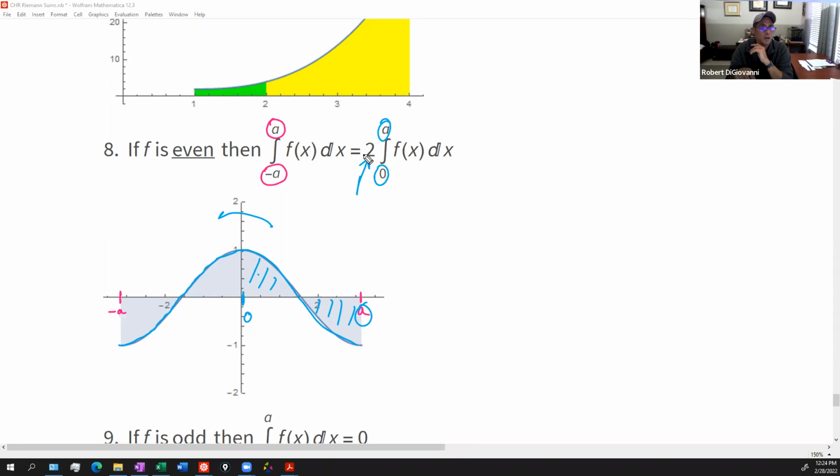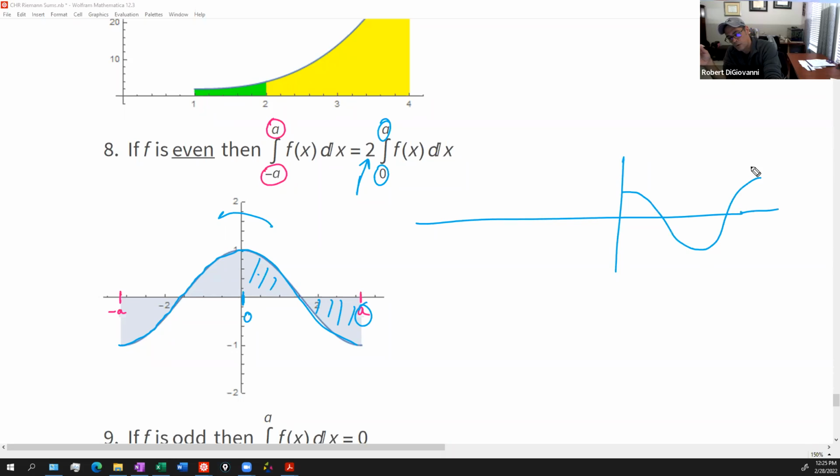This would work for cosine as an even function. If you go back to pre-cal, cosine looks like this. That's cosine x. And that's an even function because when you draw it the other way, it's a mirror image of itself over the y-axis.